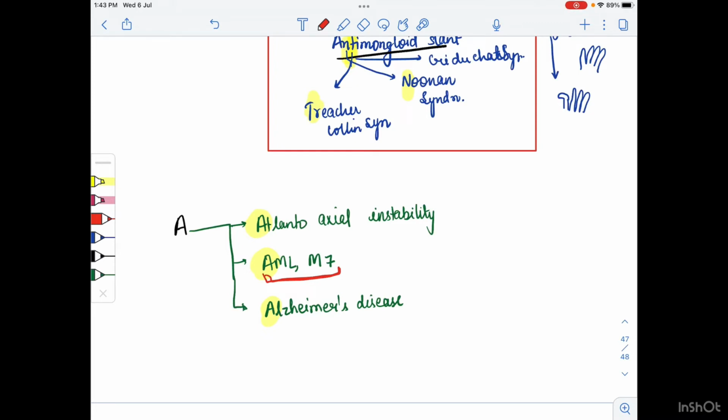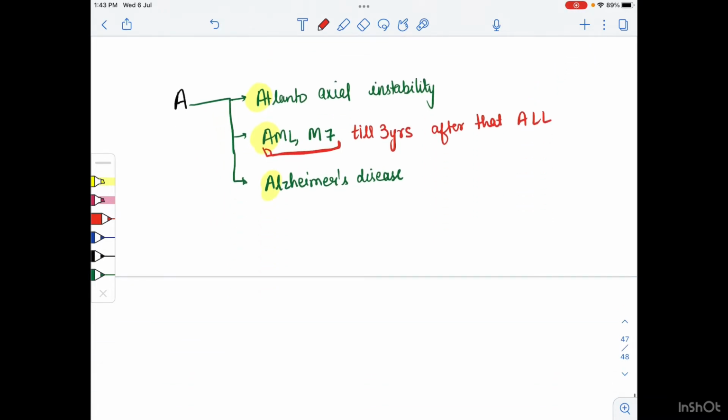So till 3 years it is AML M7, and after that ALL is the most common. So till 3 years AML M7 will be there, and after that ALL leukemia will be there, which is the most common.